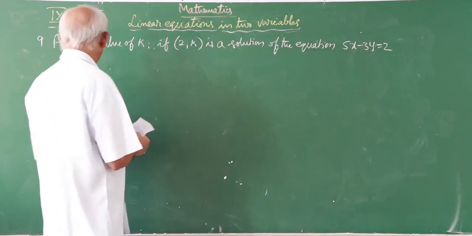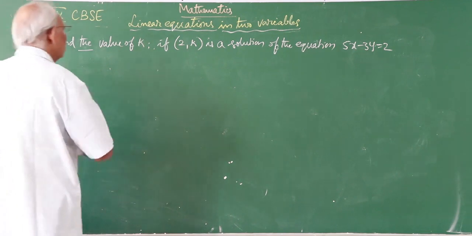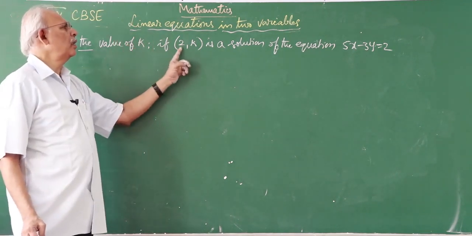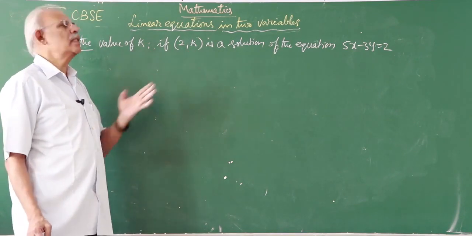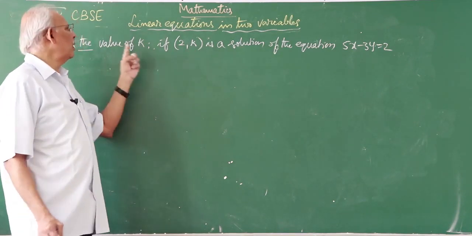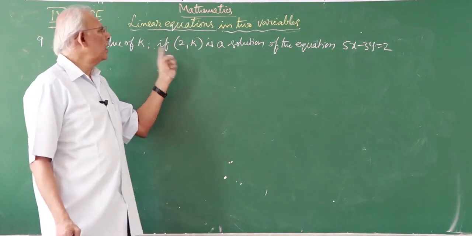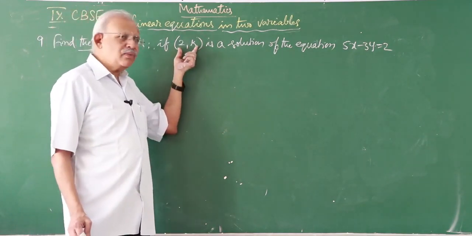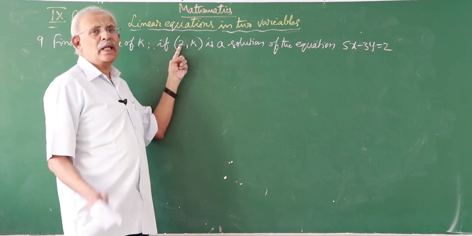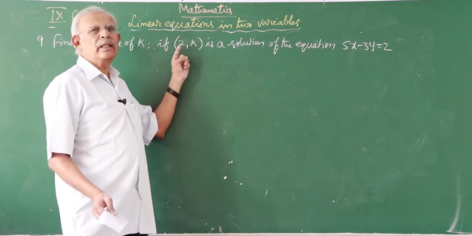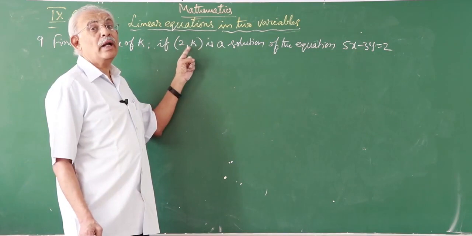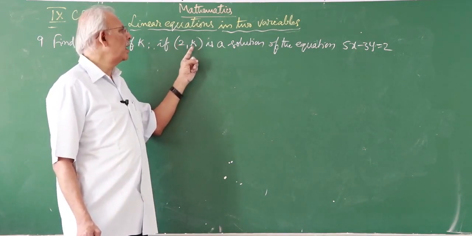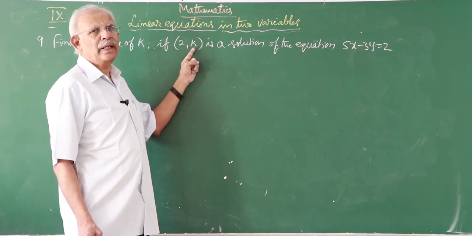Now look here. You are required to find the value of k. If 2 comma k is a solution, it is given. It is a solution means, this is the value of x, I have already told you, when it is written in the form of an ordered pair, this represents the value of x and this represents the value of y.